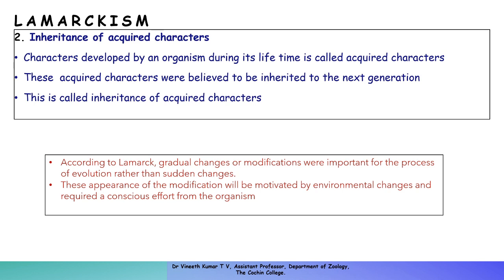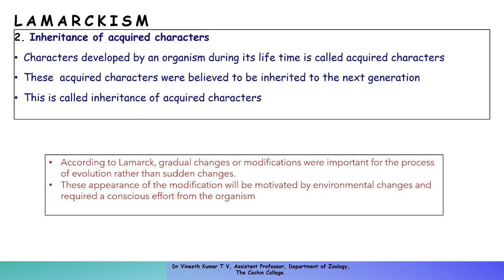Or you can say that the characters which are not inherited from the parents are called acquired characters. They are developed in the course of their lifetime. And Lamarck proposed that such acquired characters will be inherited by the next generation.